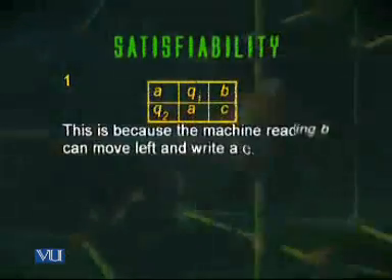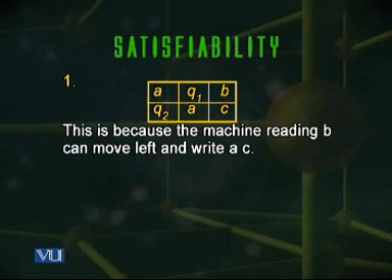Let's look at one example. This is an example of a legal window. You have the symbol A followed by Q1 followed by B. This means that the Turing machine is in the state Q1 and is reading B, and before B the symbol A is on the left of the head, but the symbol currently being scanned is B. Since delta of Q1 comma B is C and move left and go into the state Q2, it is possible for this Turing machine to go into the configuration in which instead of A we read a Q2, that's because the head has moved to the left.